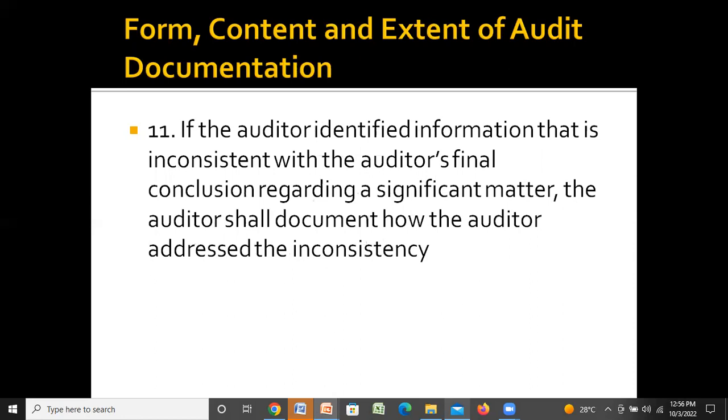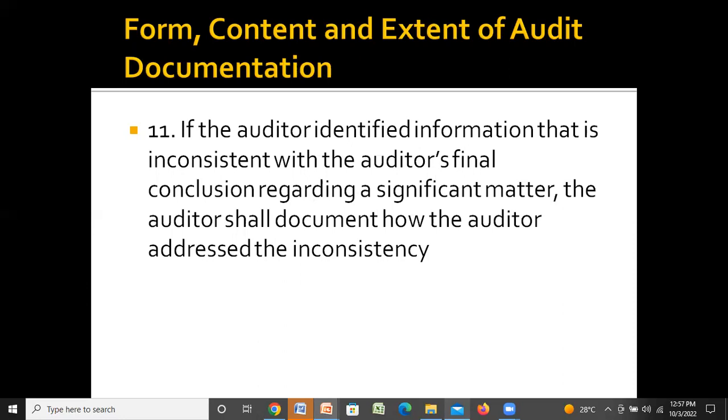Paragraph 11. If the auditor identified information that is inconsistent with the auditor's final conclusion regarding a significant matter, the auditor shall document how the auditor addressed the inconsistency. So if you find evidence that is completely not agreeing with your final conclusion, then you need to document it.